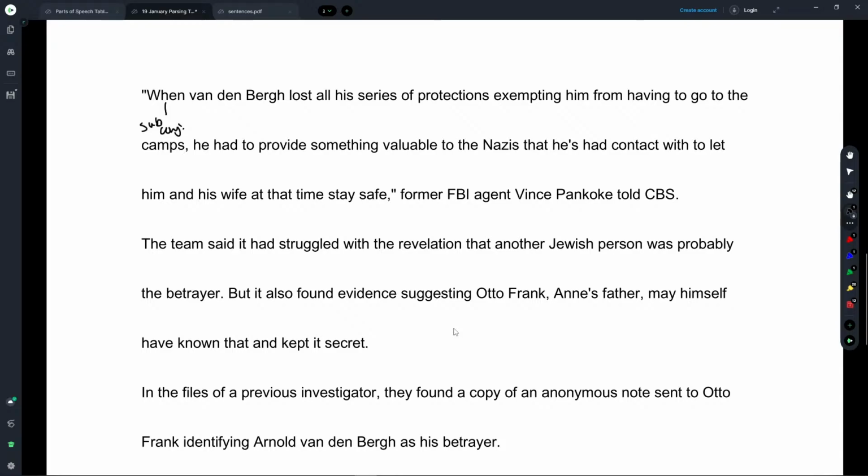So when, subordinating conjunction, van den Berg, which is a noun, lost, verb, all, which is a quantifier, his, possessive adjective, series, noun, of, preposition, protections, noun, exempting, verb, him, very nice one. What do we do with him? In this case, we have a personal pronoun in object position.